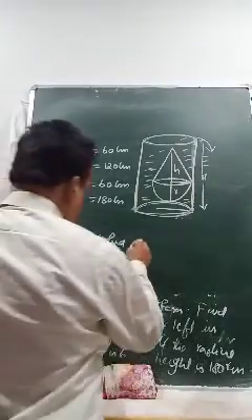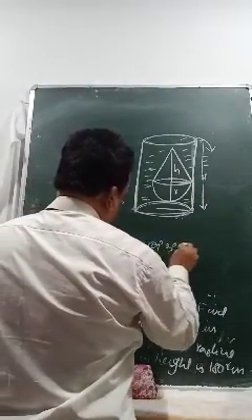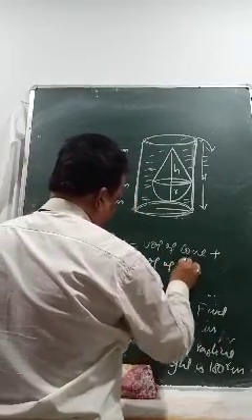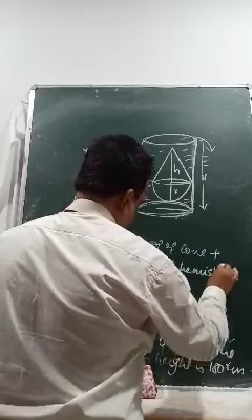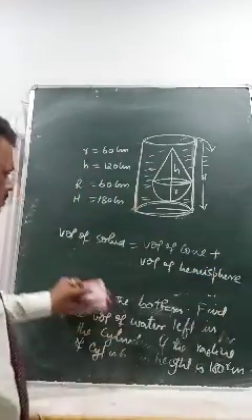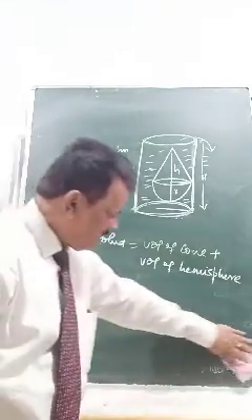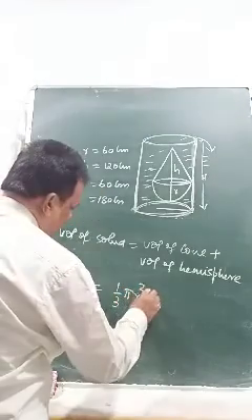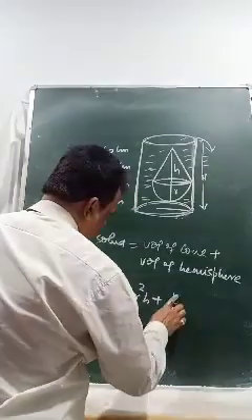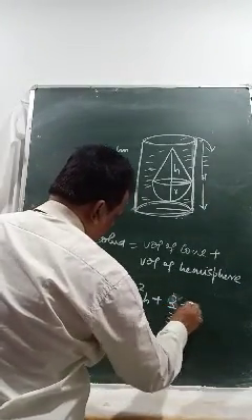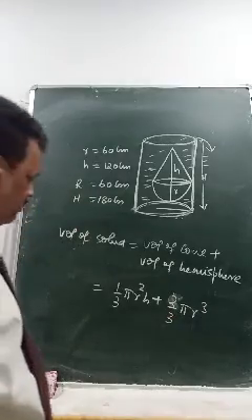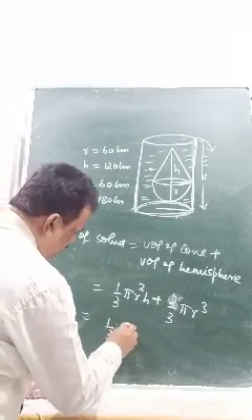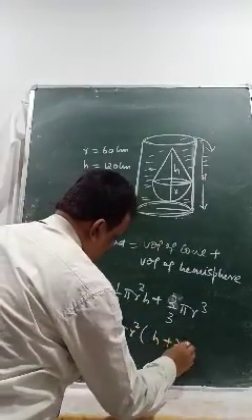The volume of solid equals to volume of cone plus volume of hemisphere. Volume of cone 1/3 pi r square h plus 2/3 pi r cube. Take common 1/3 pi r square common, h plus 2r.